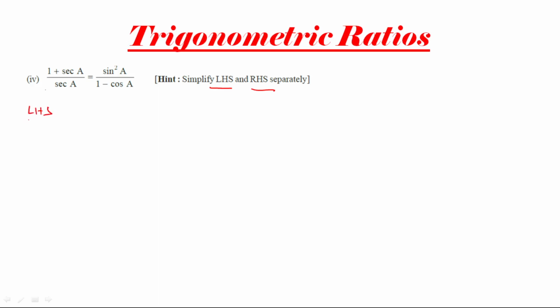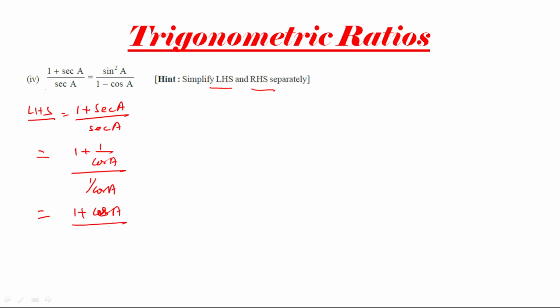So LHS, let us first simplify, is equal to 1 plus secant A by secant A. Converting it, it is 1 plus 1 by cos A, and it is 1 by cos A, so it will become 1 plus cos A by cos A, and then again divided by 1 by cos A. So this cos A will get cancelled, left with 1 plus cos A.